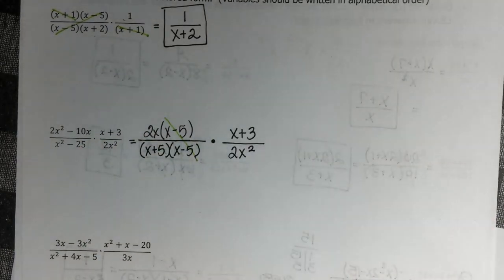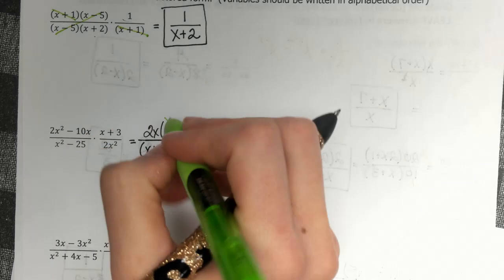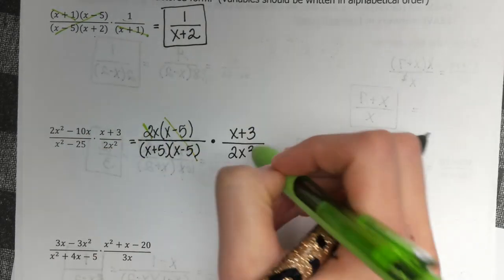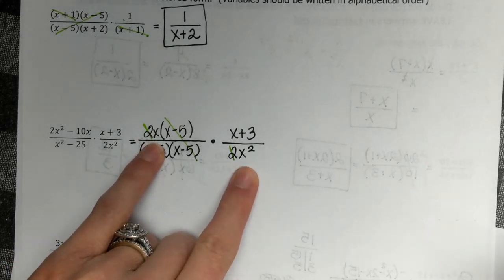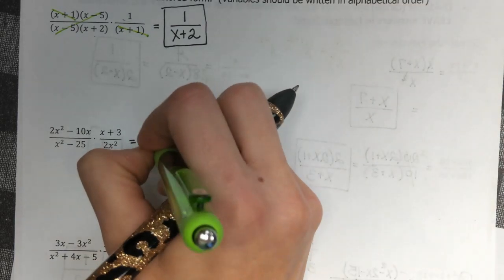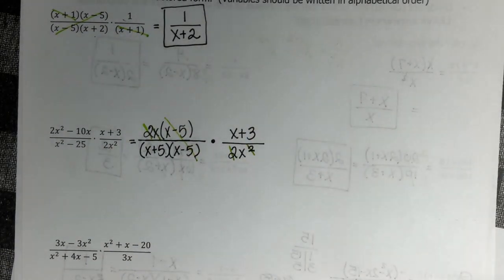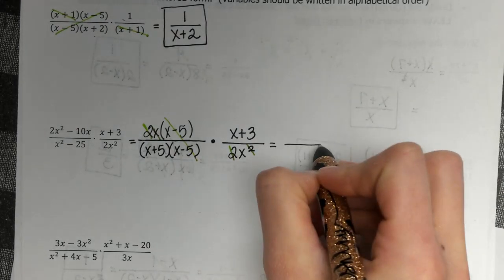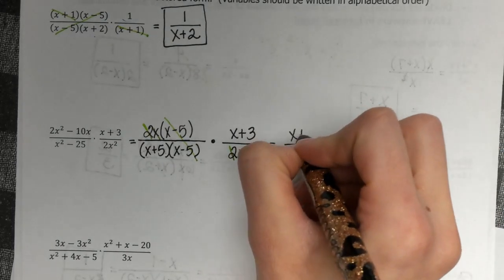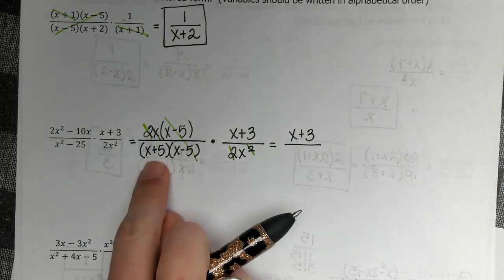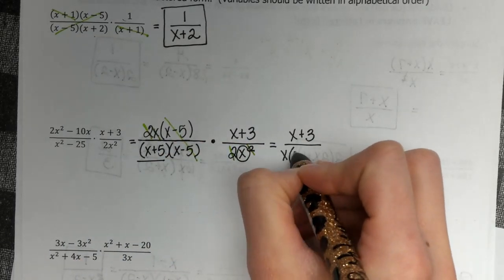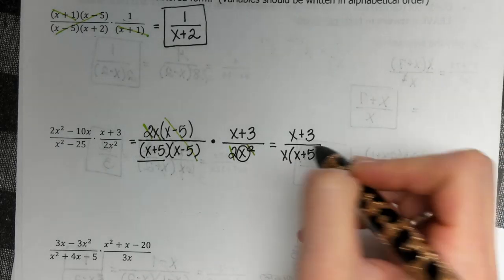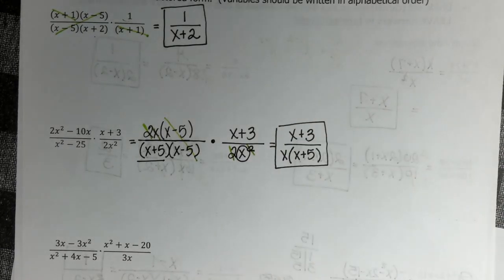X minus 5 and x minus 5. I can cross simplify the 2's. Then I have an x and an x squared. So I can do what I did in that first example. X will knock out that squared, and I'm just left with x. So then all I have in my numerator is x plus 3. In my denominator, I've got this x plus 5, and I still have an x, so I'm going to write x times x plus 5. So we want to leave it in factored form. You don't have to multiply that back out.